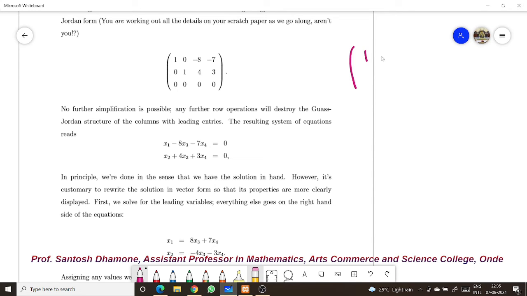In principle, we are done in the sense that we have the solution in hand. However, it is customary to rewrite the solution in vector form so that its properties are more clearly displayed.